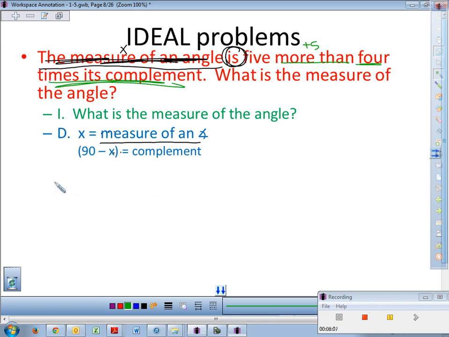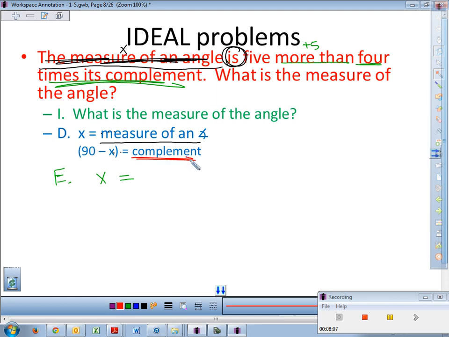So here's what I got so far for our equation. Let's kind of start our equation. Reading from left to right, didn't start with x, right? The measure of the angle is, what does that translate to? Then we got 5 more than. We're saving that for last, right? 4 times the complement. Do you know what the complement is? You sure do. Didn't we define it up here?